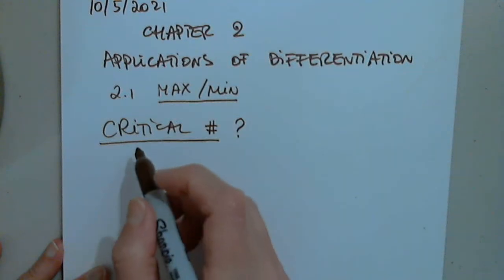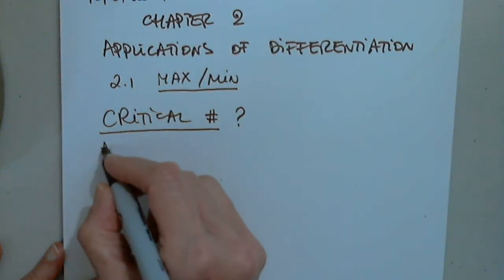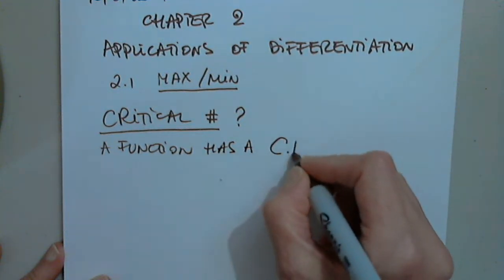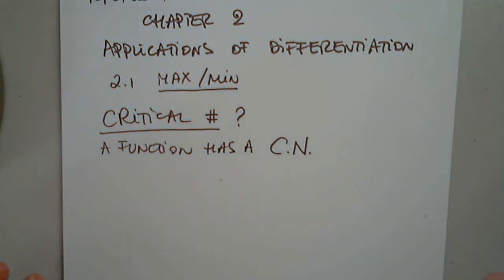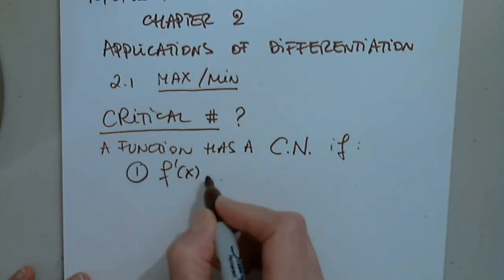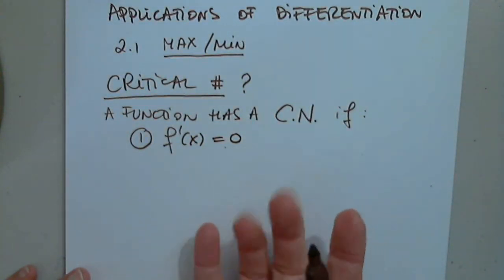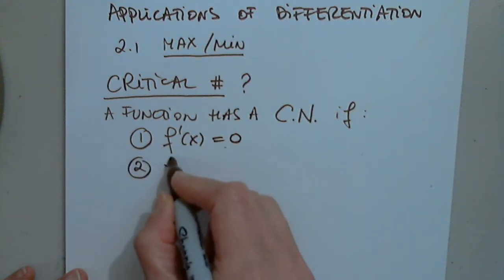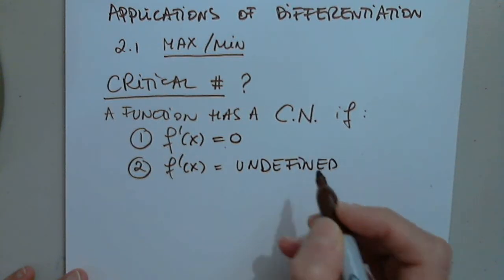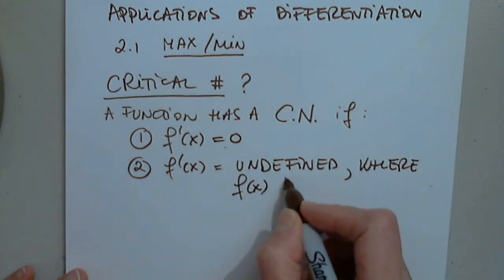Well, a function has a critical number in one of two possible situations, or both. A function has critical numbers if, number one, f prime of x is 0, if this has solutions, of course. And number two, if f prime of x is undefined, where f of x is defined.